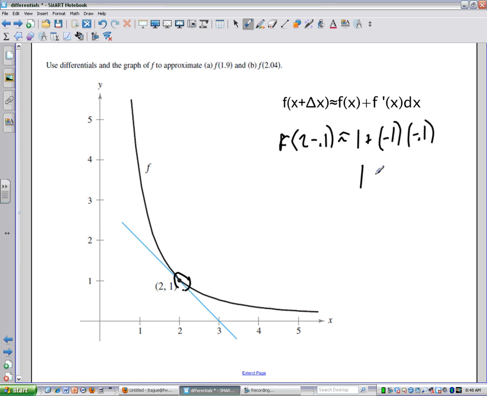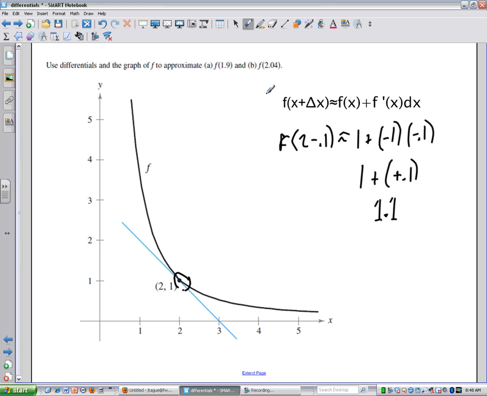So this is 1 plus negative 0.1... oh, actually it's not negative, it's positive, isn't it? So 1 plus 0.1, thank you for catching that. So it's 1.1, which is about right there, maybe. Yeah, that seems all right.